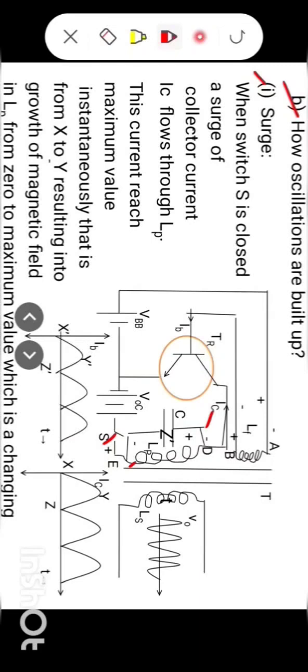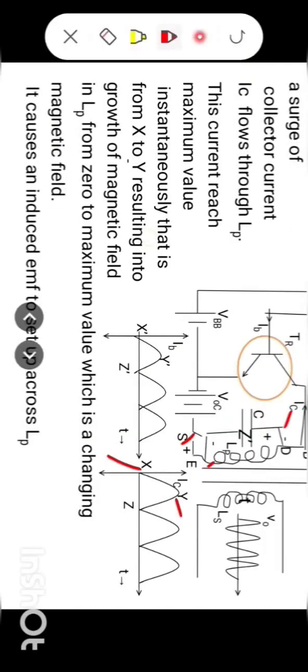This current reaches maximum value instantaneously, that is from X to Y, resulting in growth of magnetic field in LP from 0 to maximum value, which is a changing magnetic field. It causes an induced EMF to be set up across LP.